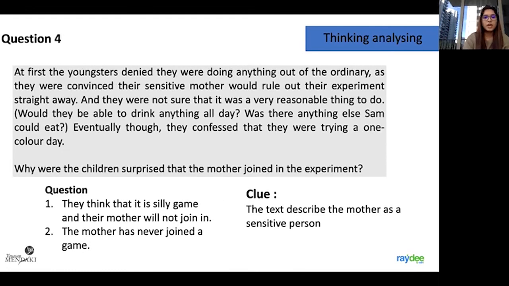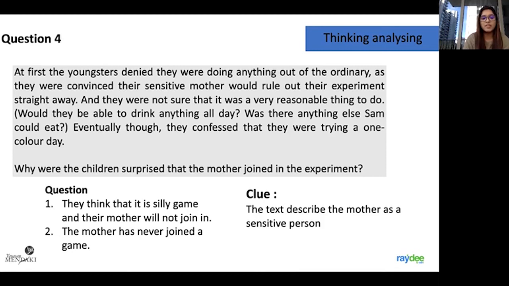All right. Okay, so as for question 4, also similarly, the question asks, why were the children surprised that the mother joined in the experiment? So you have to direct the students to the clues. The text describes the mother as a sensitive person. So they have said here that they were convinced their sensitive mother would rule out their experiment straight away.